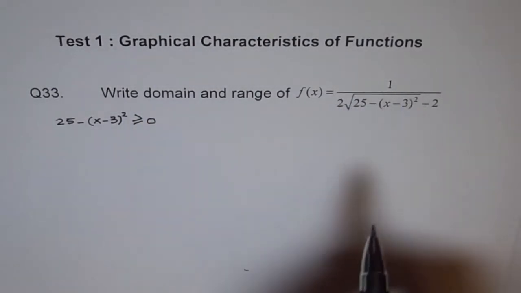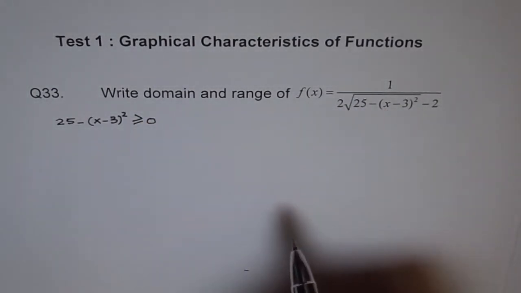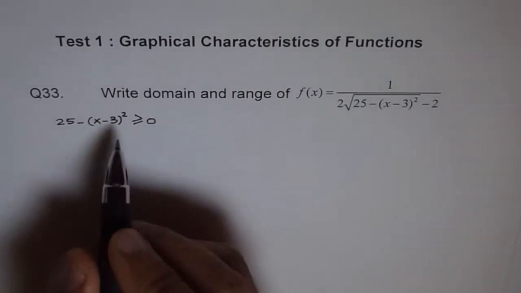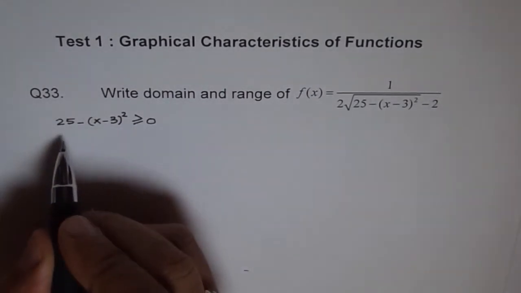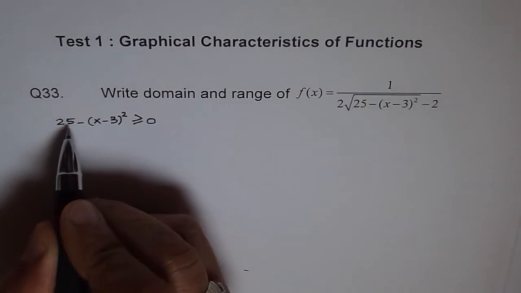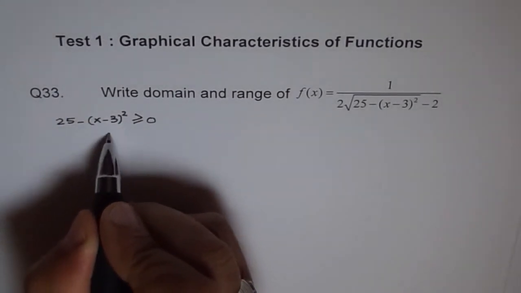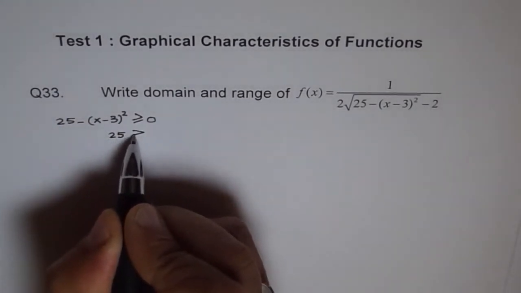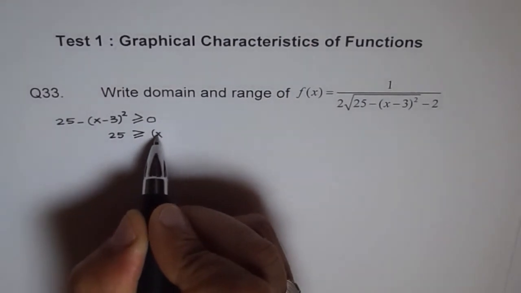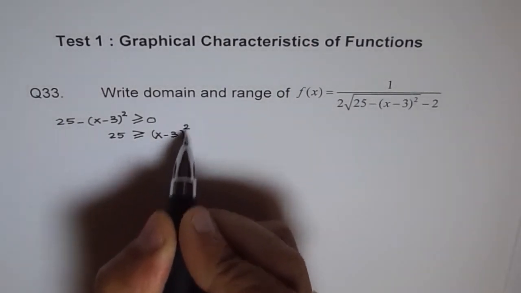Otherwise, within the square root, this function is not permitted. So when we solve it, we take this to the other side, so 25 is greater than or equal to (x minus 3) squared, correct?